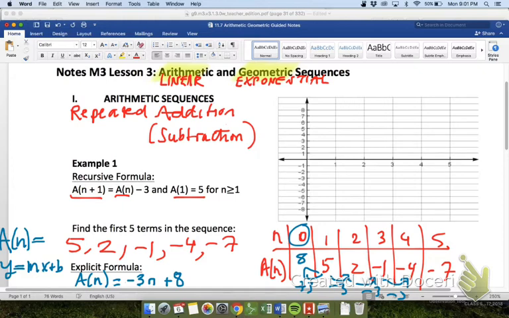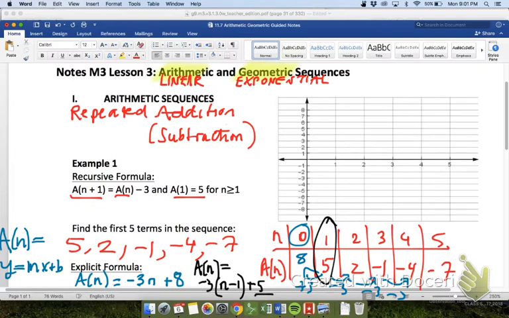The other way of expressing this formula is to think about the first term in the sequence, and you still use the same slope, but you'll do a of n equals negative 3 times n minus 1, plus 5. So I'm still using my same slope, but instead of putting my initial value in for b, I'm putting the value of the first term, 5, right there.